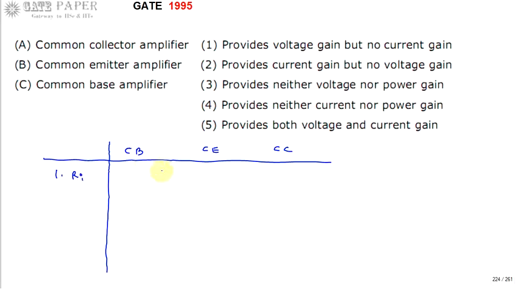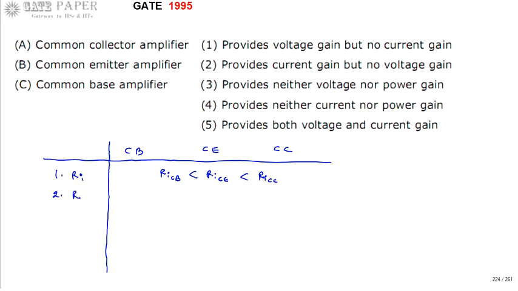Input impedance of common base is very small compared to that of common emitter, which is smaller than that of common collector. So the important thing is, highest input impedance is provided by common collector amplifier. Lowest input impedance is provided by common base.